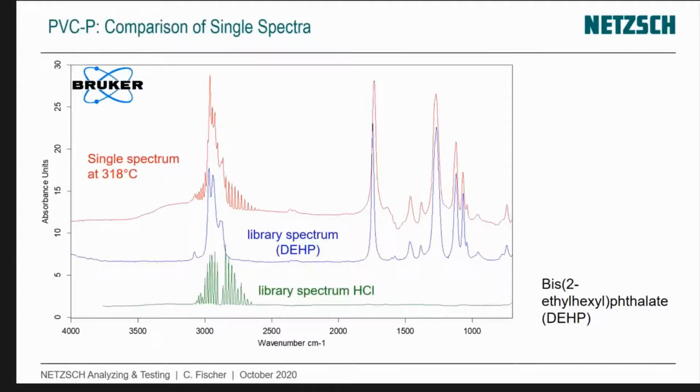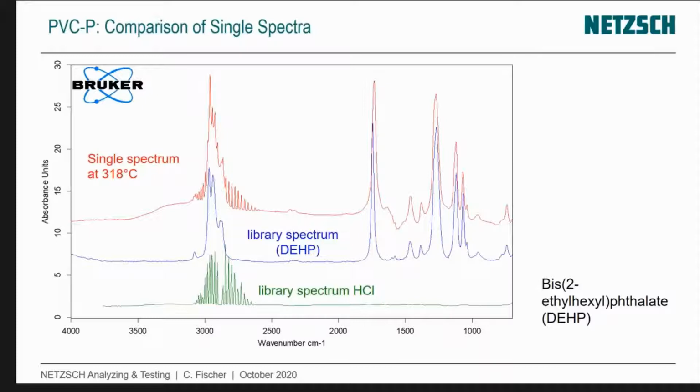The single spectrum at 318 degrees C is displayed in red. Library search gave high similarity to DEHP, the blue spectrum, and hydrogen chloride, the green spectrum.